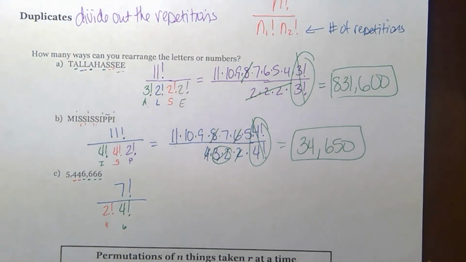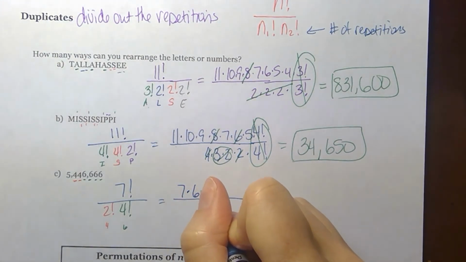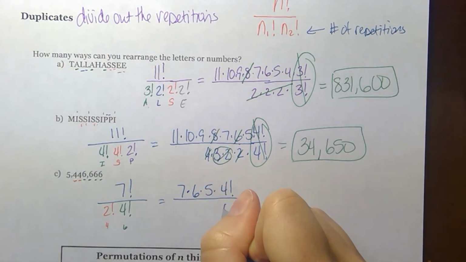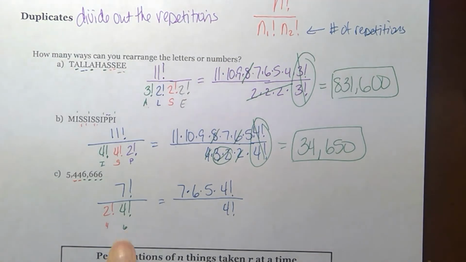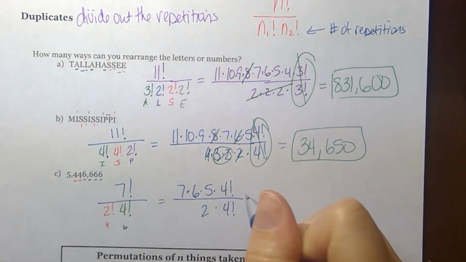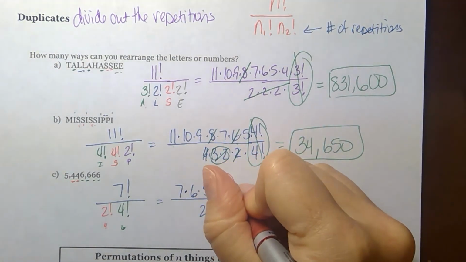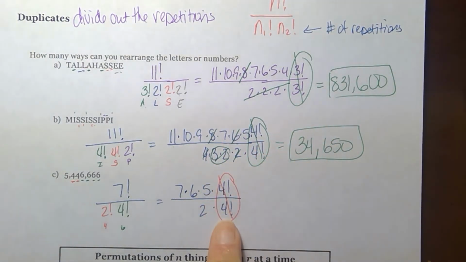When you pick a way to simplify this problem, hopefully it will look something like counting down to my 4 factorial, and then I also have this 2 factorial, which is basically 2 times 1. Recognizing that 4 factorial over 4 factorial is just 1.